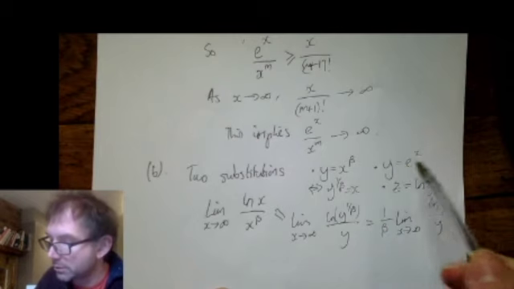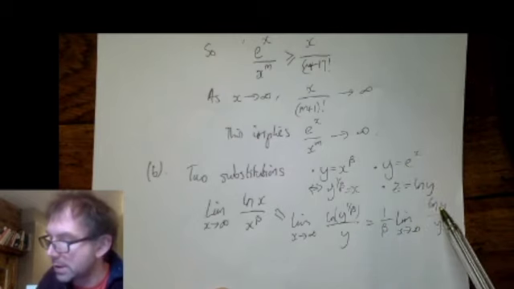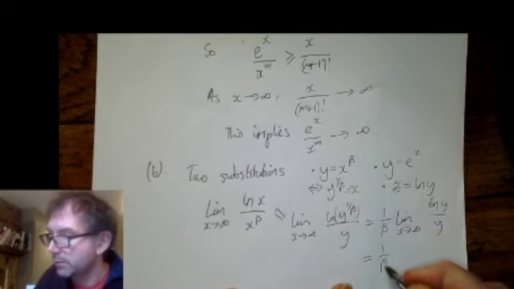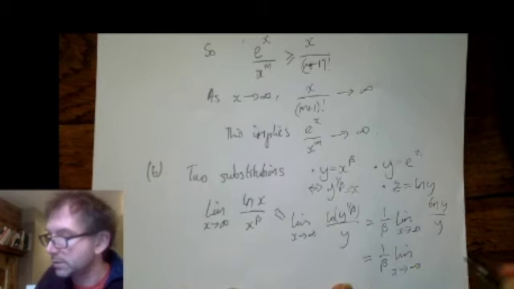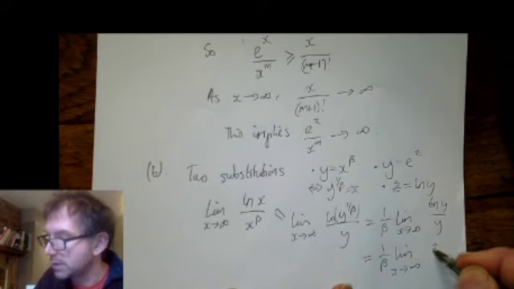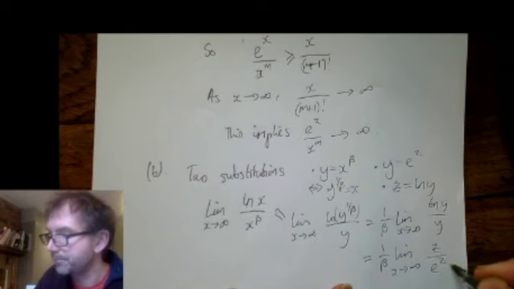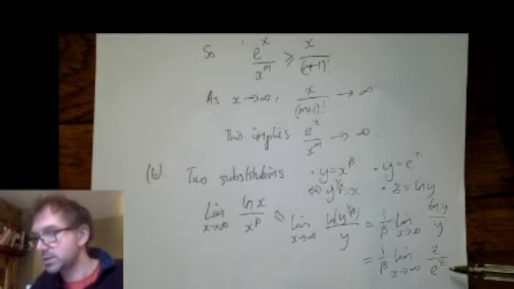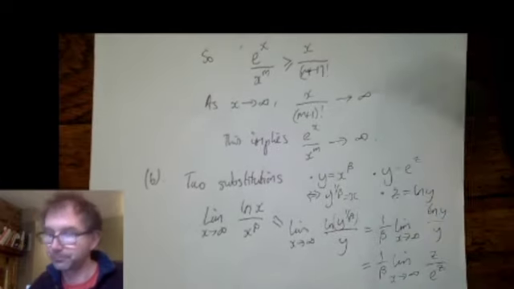And then we use the substitution, so if I put in z there and e to the z there, then I get 1 over beta times the limit as x goes to infinity of z over e to the z. Well, that's just the case where m is 1.